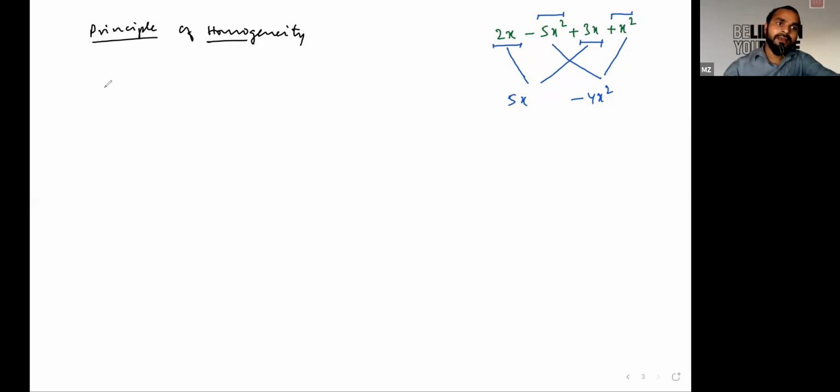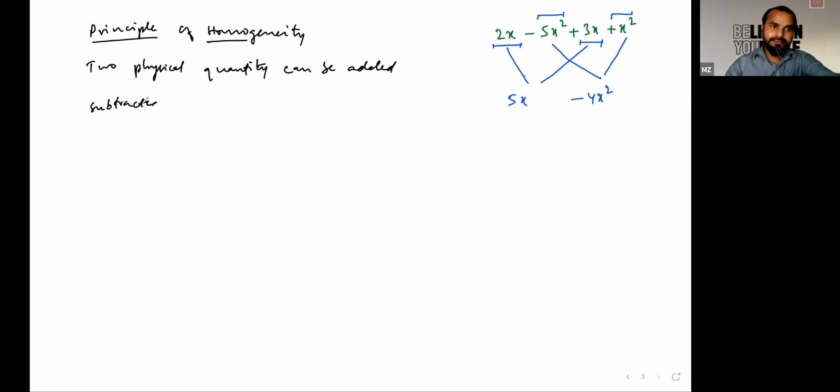So the principle of homogeneity states that two physical quantities can be added, subtracted, or equated only if they have the same dimension or dimensional formula.